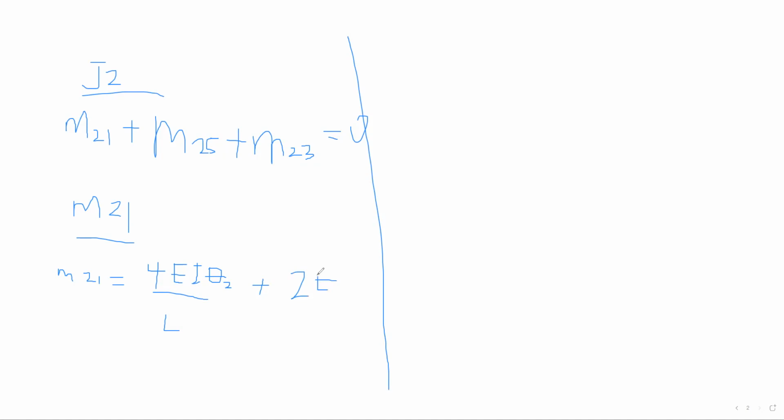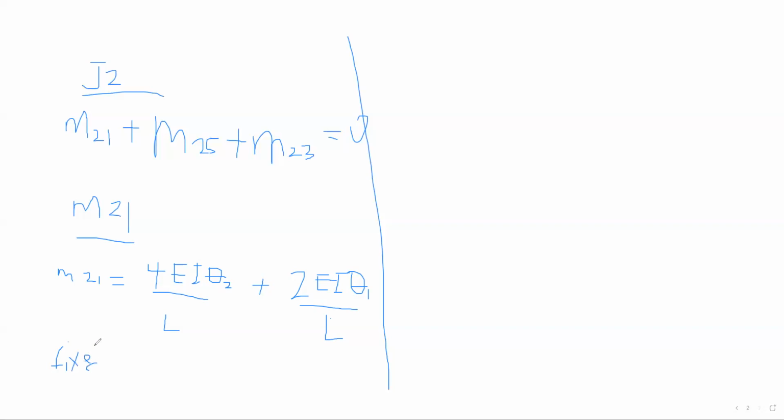I hope you remember this formula: 2EI theta 1 over L. Theta 1 is for the far end. But you can see that the far end is fixed.